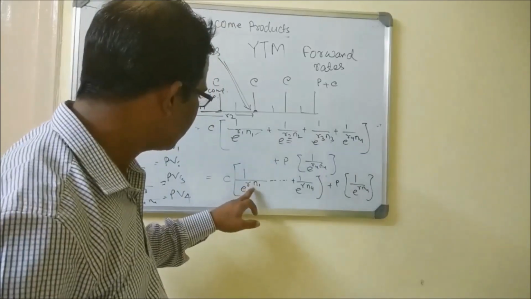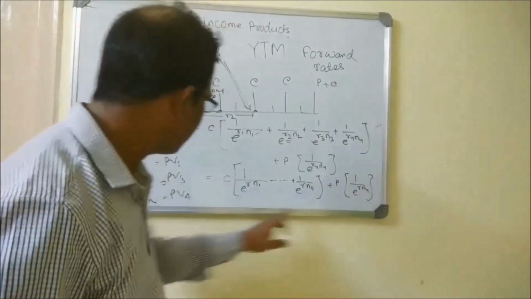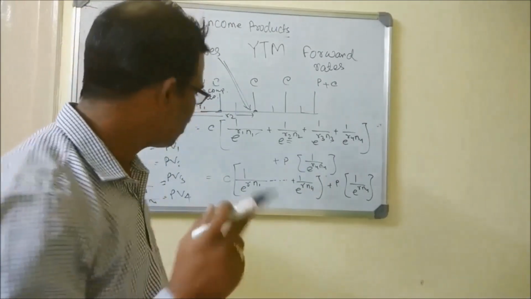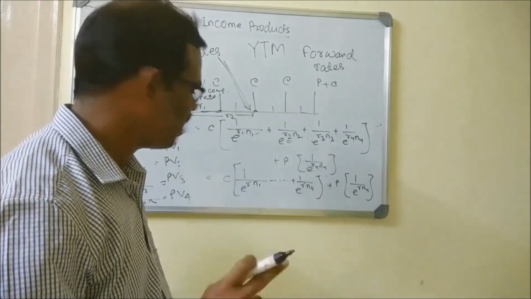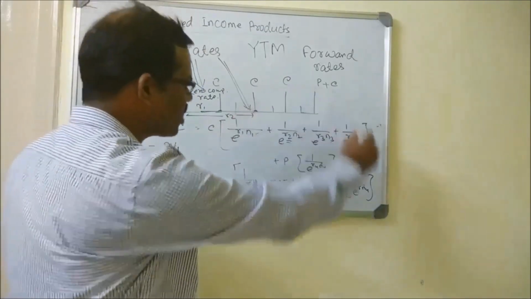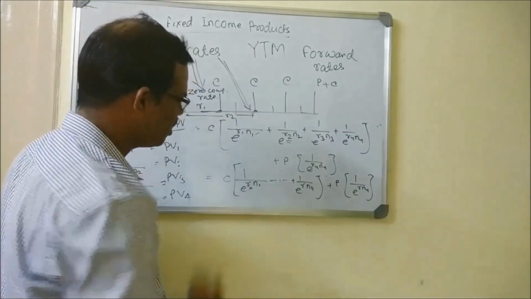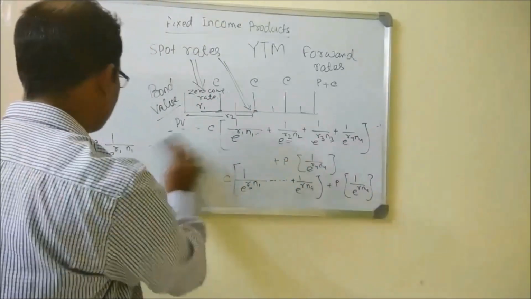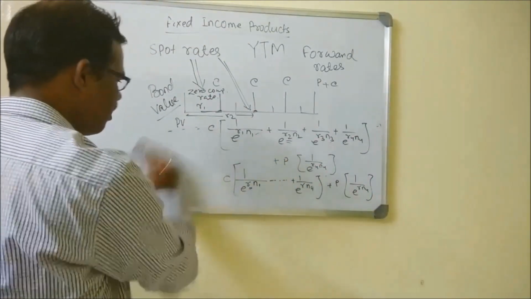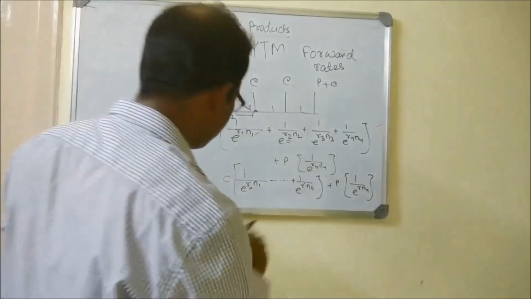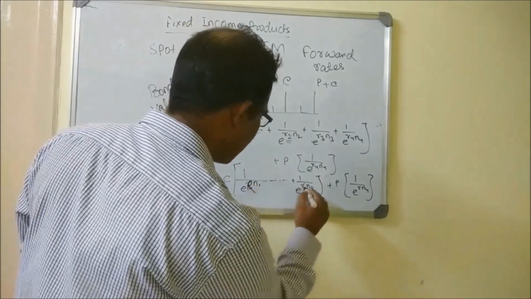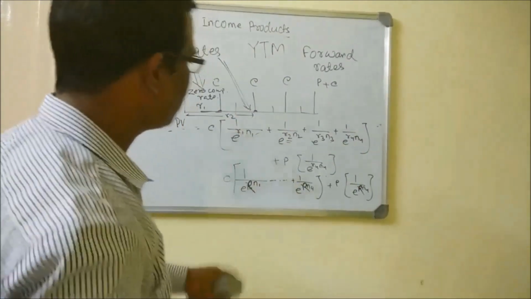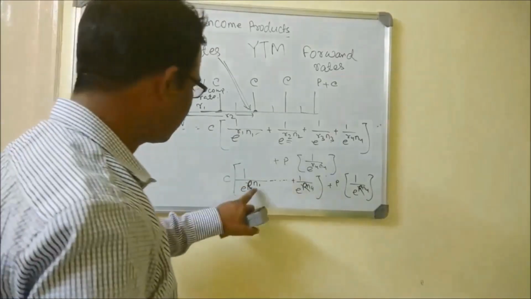So now we can easily find out, because here everything is known except R is unknown, and R is the only single parameter which is unknown, and therefore one equation is there, and from that one equation you can easily find out what is R. Now once you solve the equation, then you will find the value of R. Let me change it to capital R, to differentiate between the spot rate and this theoretical rate.